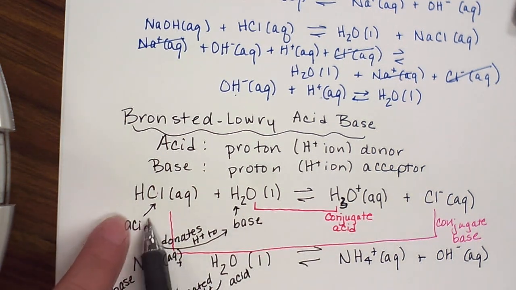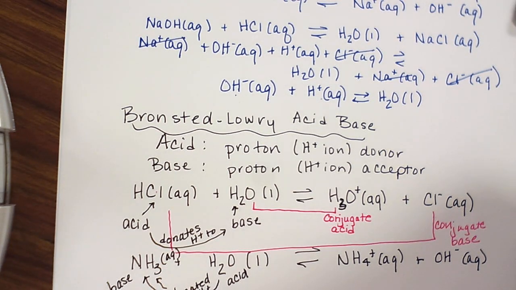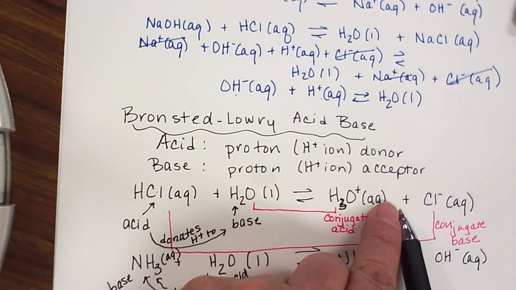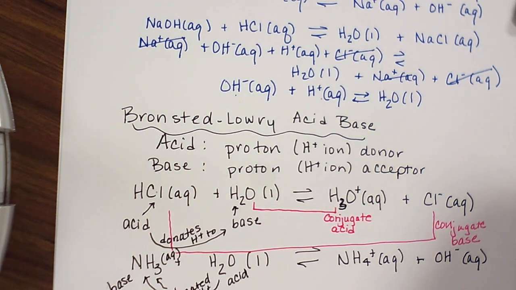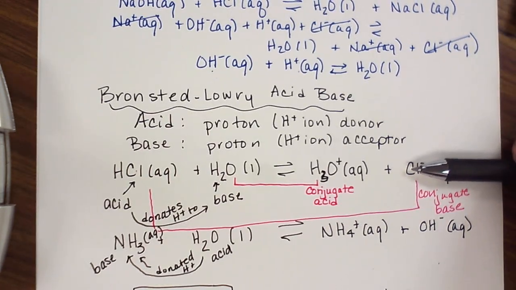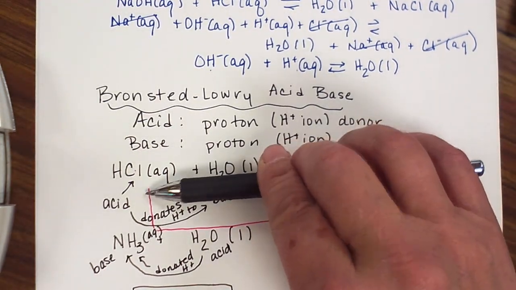Well, what happens when it gets back over there? Bump. So every time this chloride starts to hook up with a hydrogen ion, what happens? Bump. You with me? This is a hugely strong acid. There is no chance that this chloride is going to head back in that direction.